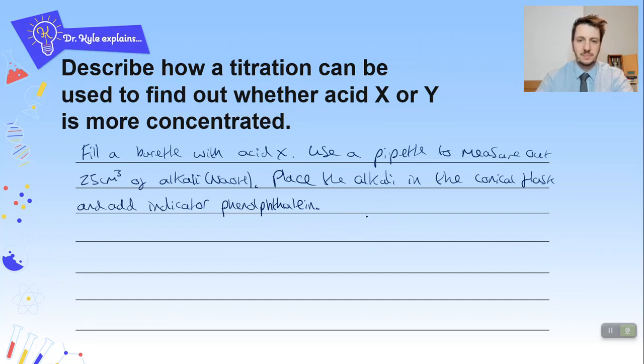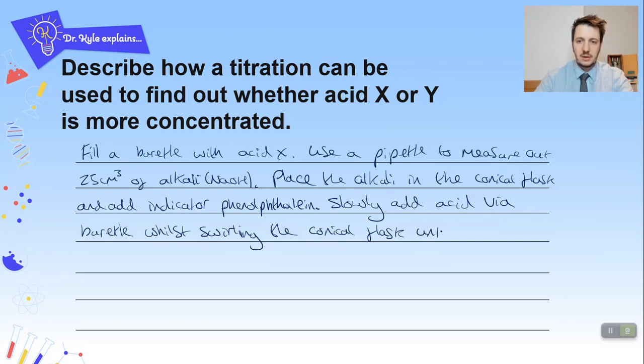Okay, so then what we're going to do is we're going to slowly add acid X via the burette whilst swirling the conical flask until the indicator turns pink to colourless.